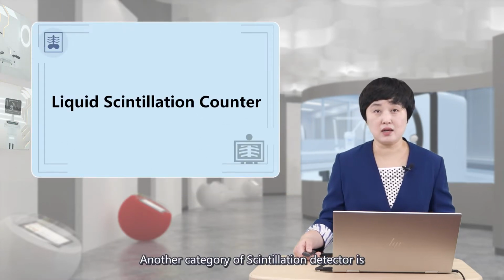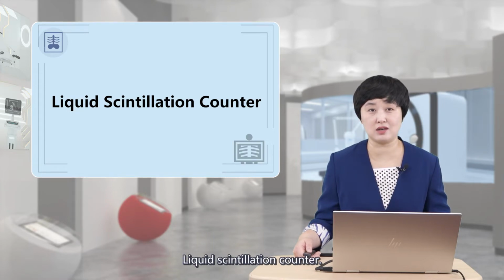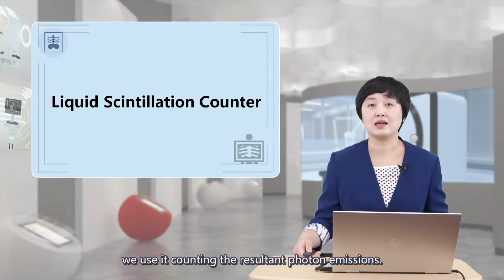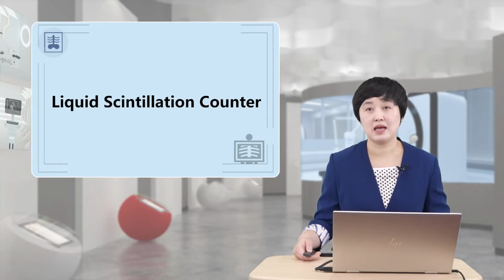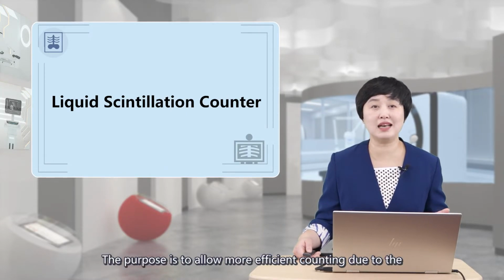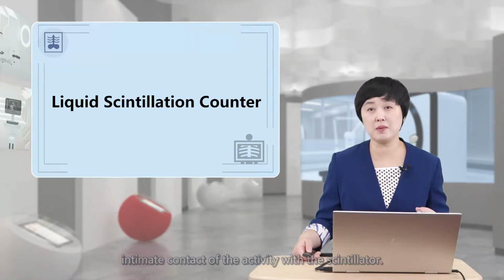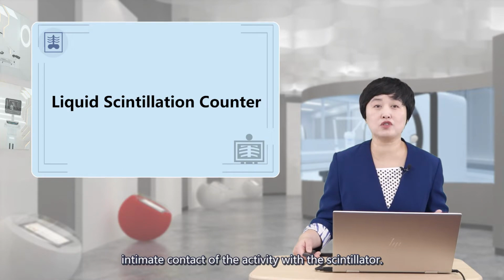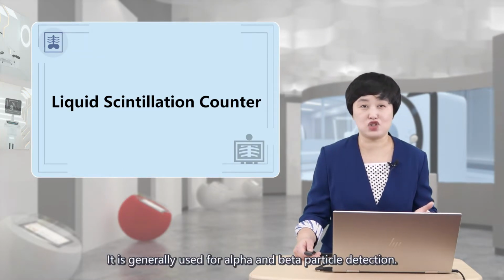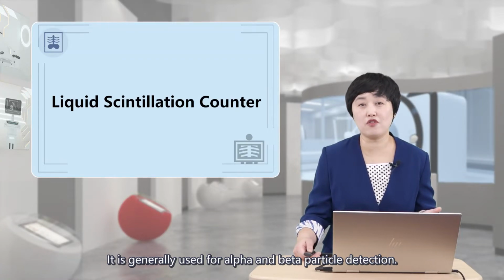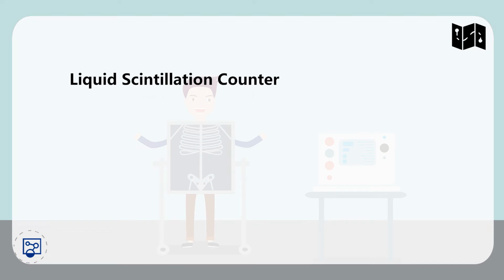Another category of scintillation detector is the liquid scintillation counter. We use it for counting the resultant photon emissions. The purpose is to allow more efficient counting due to the close contact of the activity with the scintillator. It is generally used for alpha and beta particle detection.